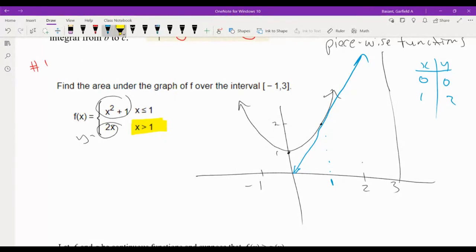So for the line, all we're interested in is this section. We do not want that piece of the line, because for the line, they're only interested in the piece that's greater than 1. And for the curve, they're interested in a piece that's less than 1.